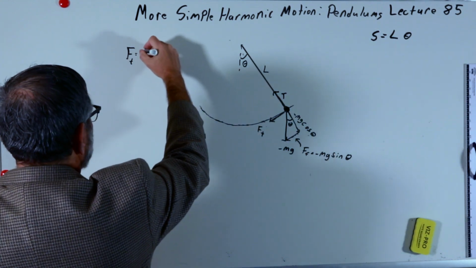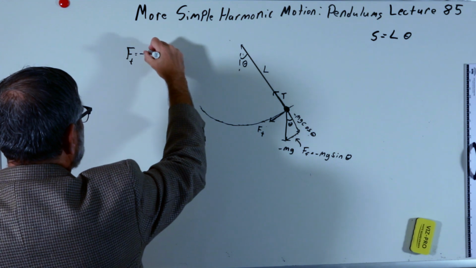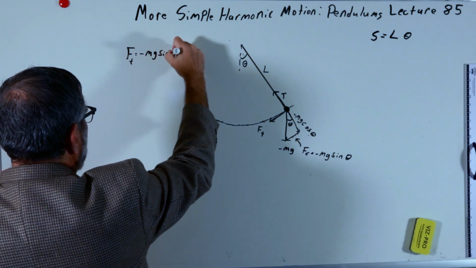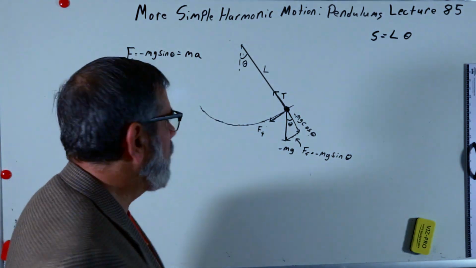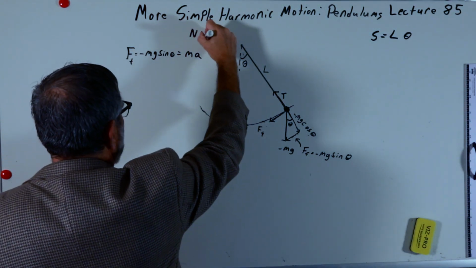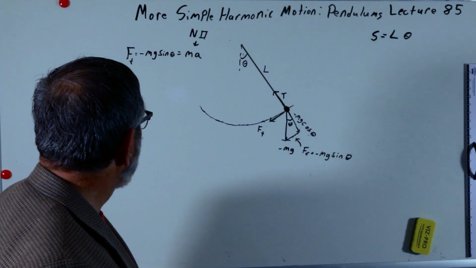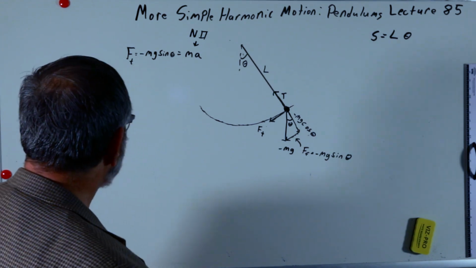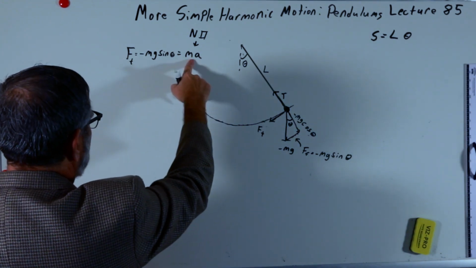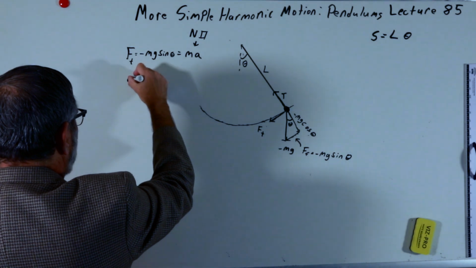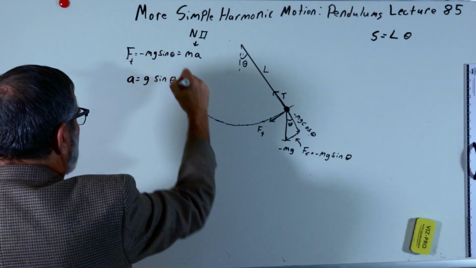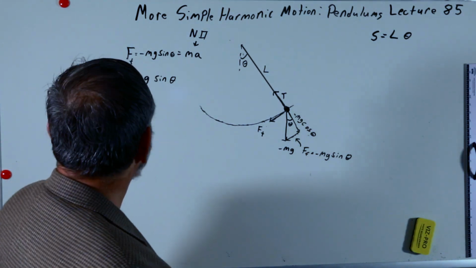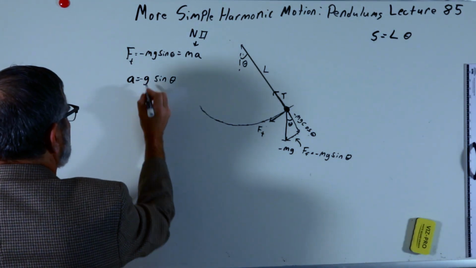So this will be equal to minus mg sine theta, but it's also equal to mass times acceleration through Newton's second law. And that gives us the nice consequence that the masses just cancel out. So we can write that the acceleration is equal to g times the sine of theta. Okay, there's a sign, it should be minus g.